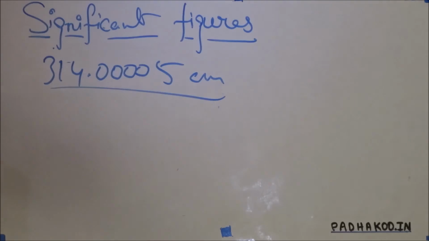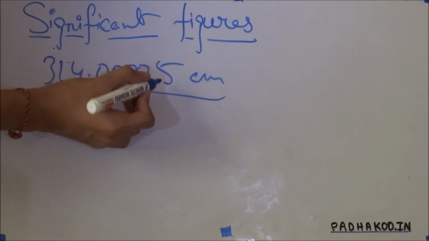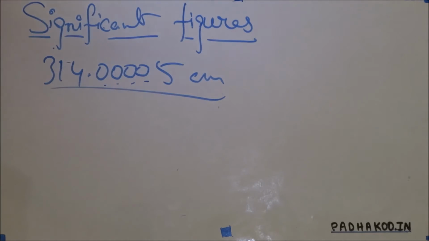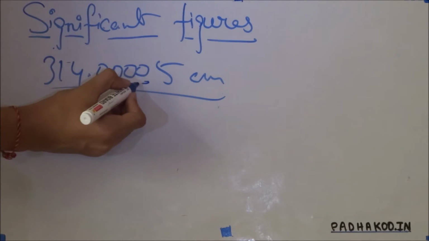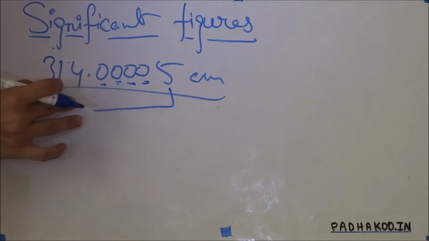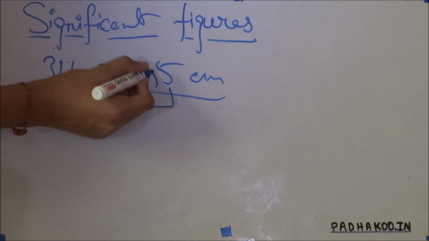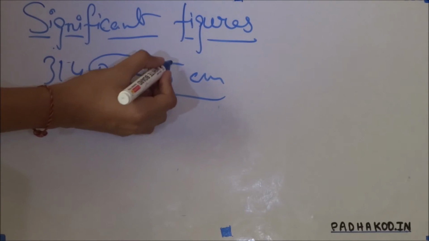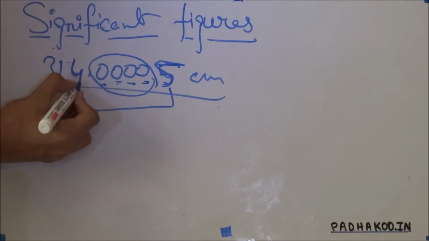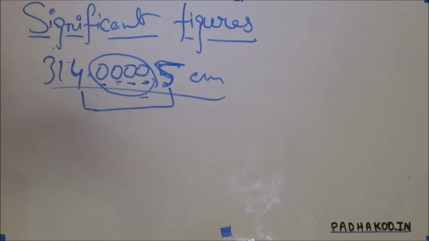There are zeros here, and we have studied that leading zeros are not significant, but these zeros are between 2 non-zero numbers, that means between this 4 and this 5.